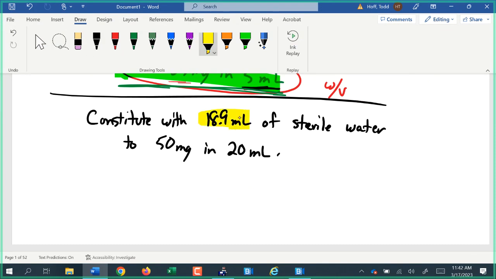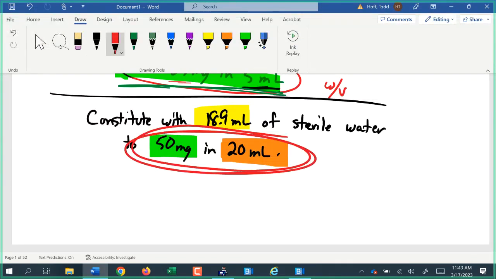We're going to add 18.9 milliliters of NS, or sterile water, to this vial. And once we shake it up, mix it up, we're going to have a total volume of 20 milliliters, and it contains 50 milligrams of medication. So when we go to do our dosage calculation, again, it's this part of those instructions that is going to tell us the actual concentration of the final solution so that we can figure out our dosage calculations.